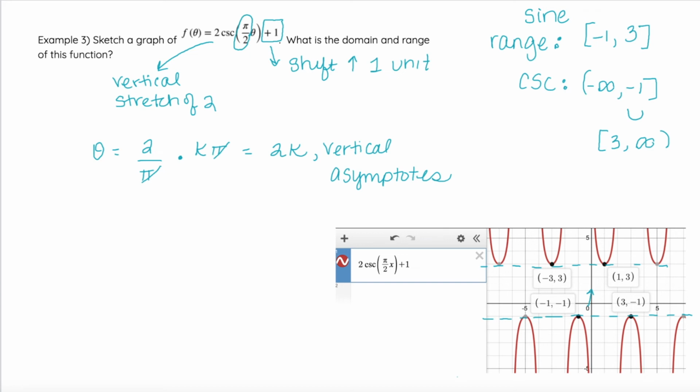We also know that our vertical asymptotes will help us find our domain. So maybe I'll highlight this and then we'll look at our domain.